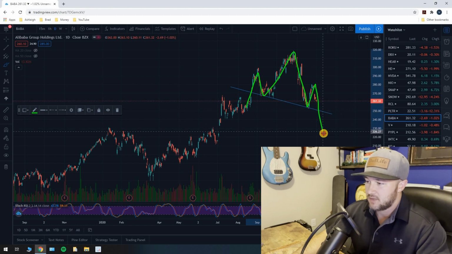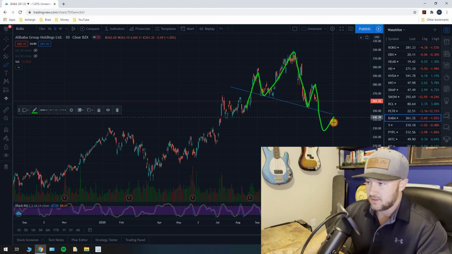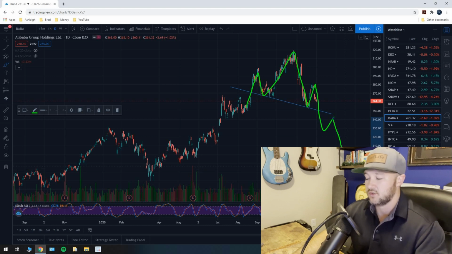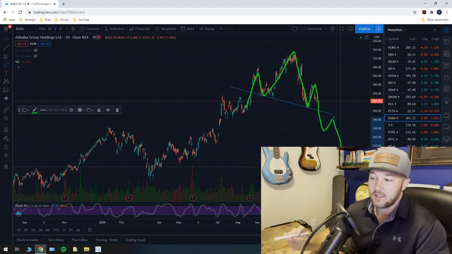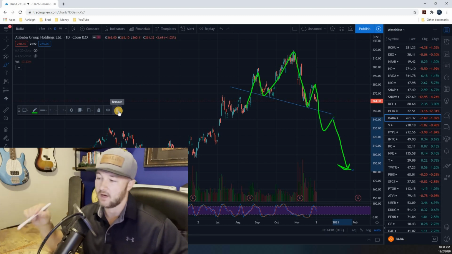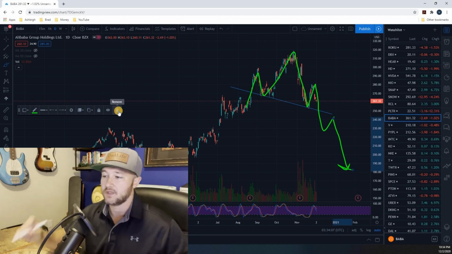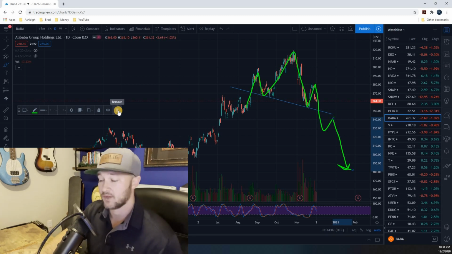If it continues to play out the way it should, we should see almost like an upside down shoulder go below the neckline, retrace back up to the neckline, and then the stock dumps. It just takes a huge downward move, and we can find the price target for that downtrend by measuring out the height of the head from the neckline. So let's do that right now and get us a price target.